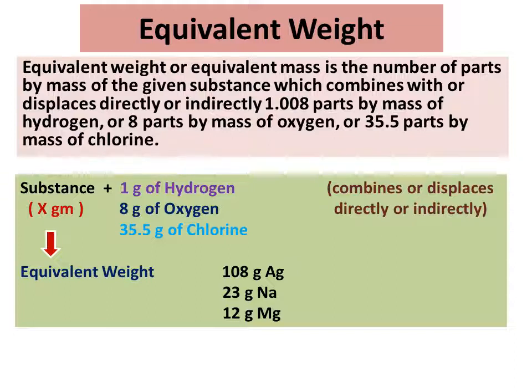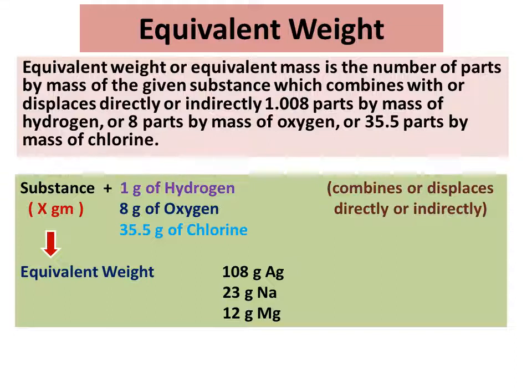So let us understand that. Suppose a substance has x grams, and it combines with 1 gram of hydrogen, so that is its equivalent weight. Suppose hydrogen is not there, and x gram of that substance combines with 8 grams of oxygen.